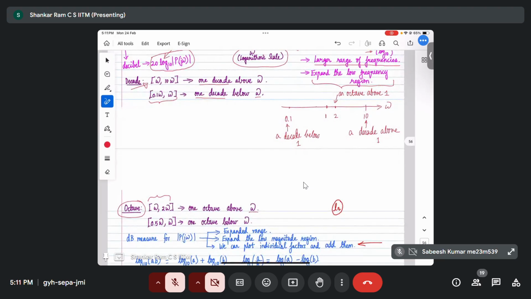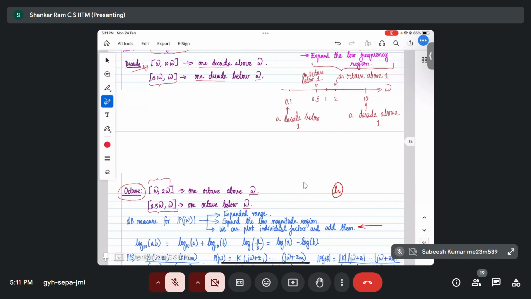Similarly, if I divide 1 by 2, I get 0.5. This is an octave below 1. I'm just illustrating as an example. So consequently, the region 0.5 omega to omega is an octave below omega. This is something which is important.